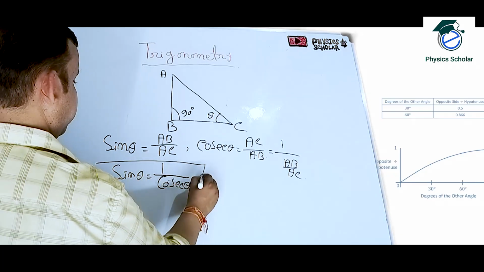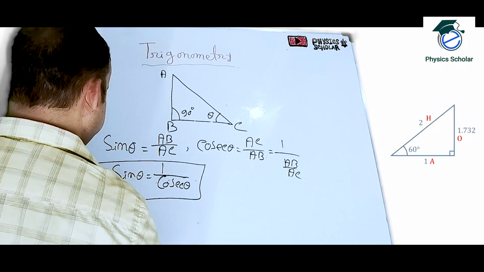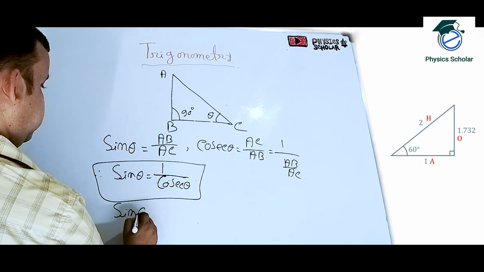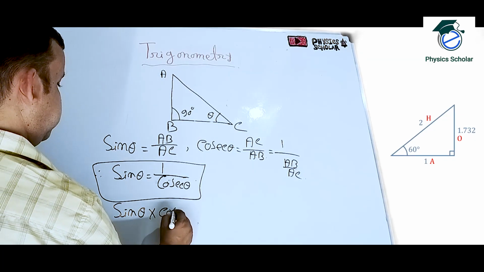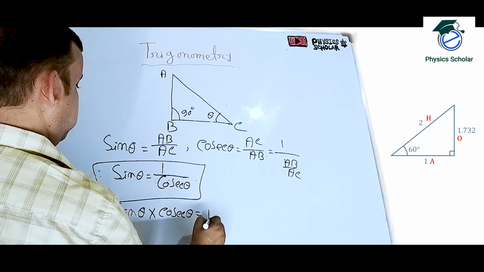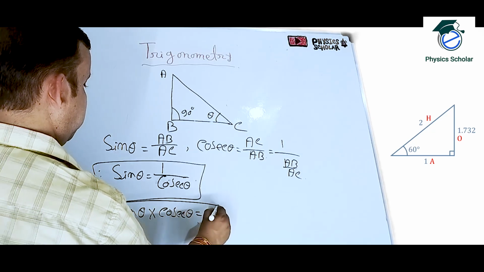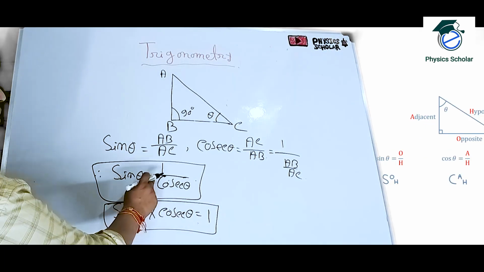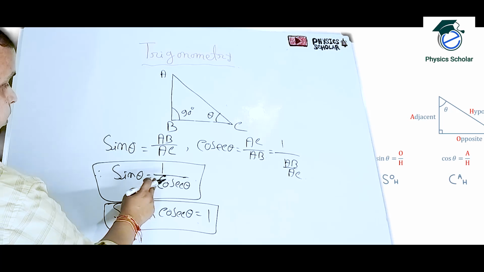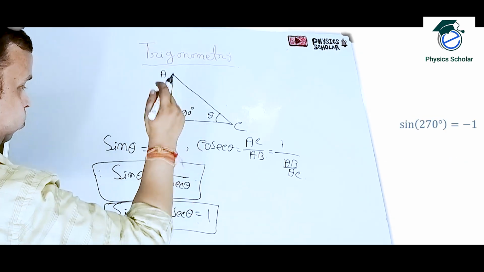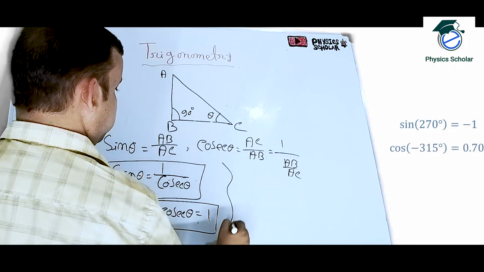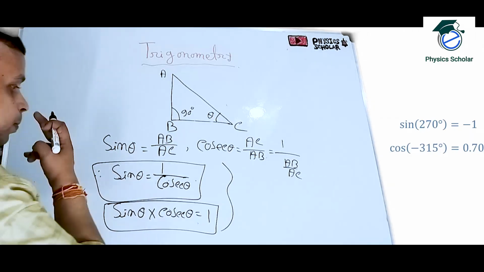Similarly, if we multiply sin theta into cosec theta, it is equal to 1. So this is one relation between sin and cosec.